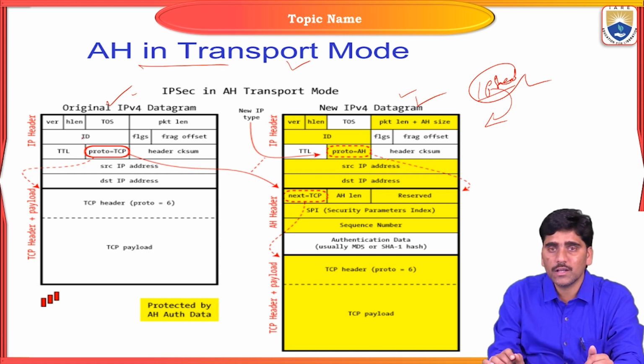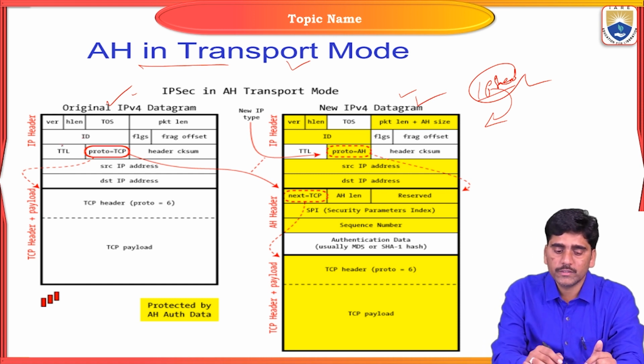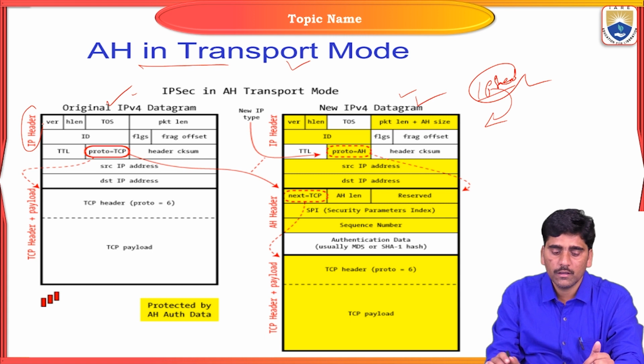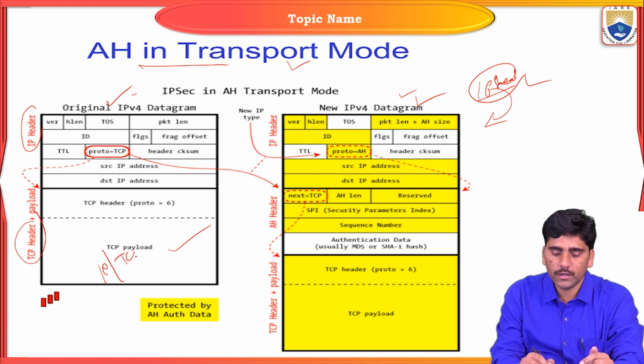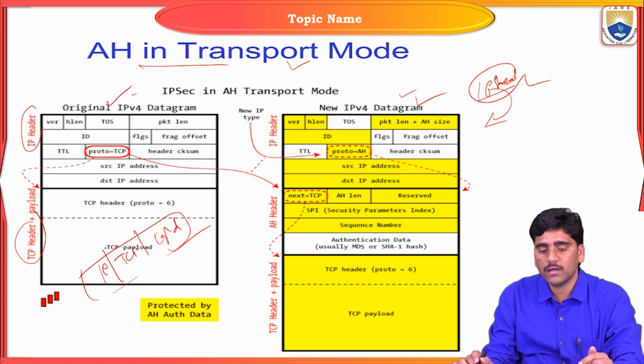The original IP datagram contains the IP header, TCP header, and TCP data. That is what the original IPv4 datagram contains.